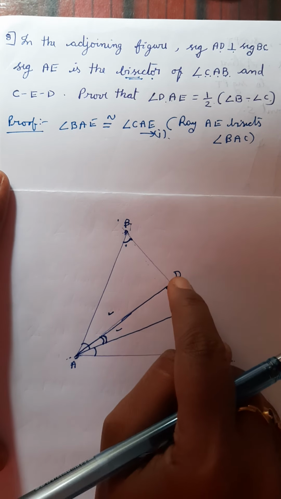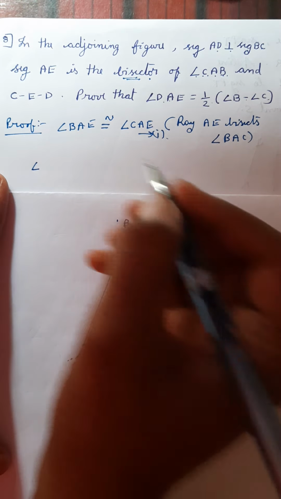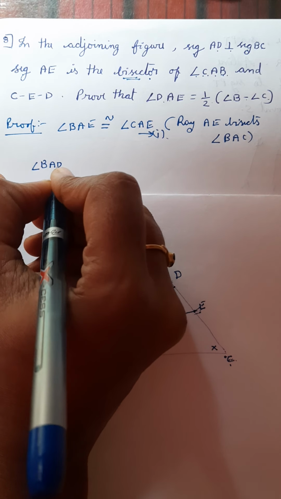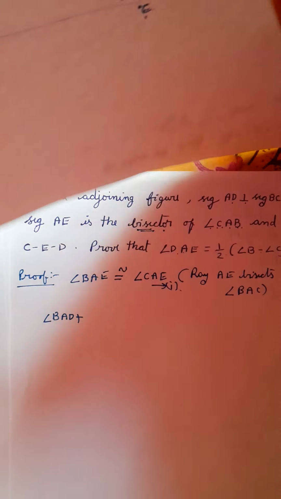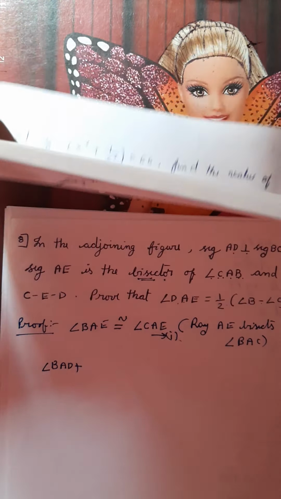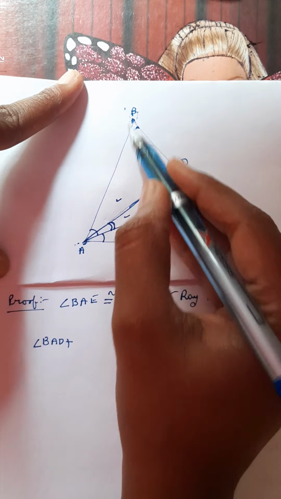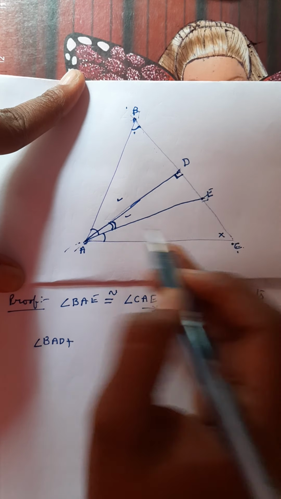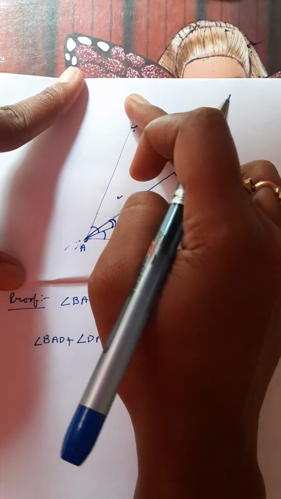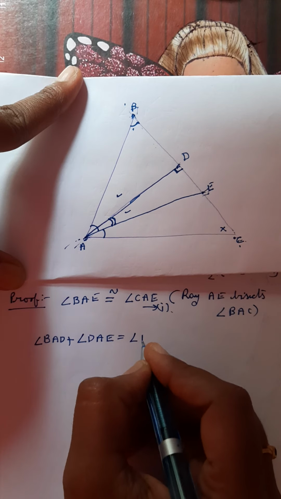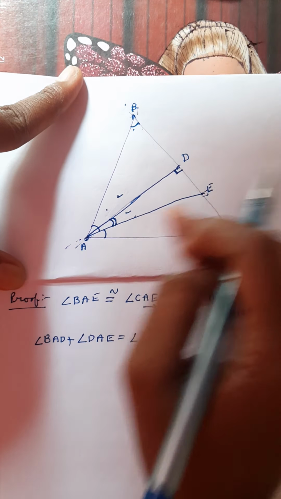Angle BAD plus angle DAE is equal to angle BAE. By adding these two angles, we will get BAE.